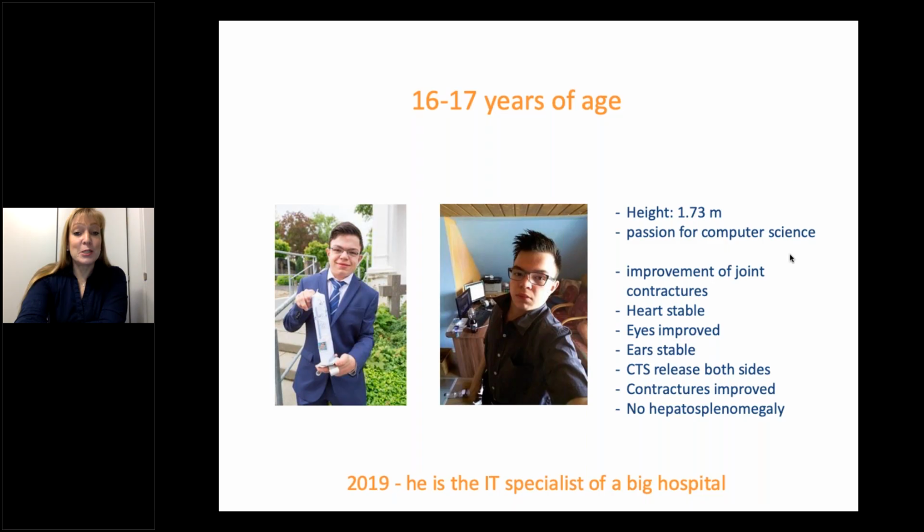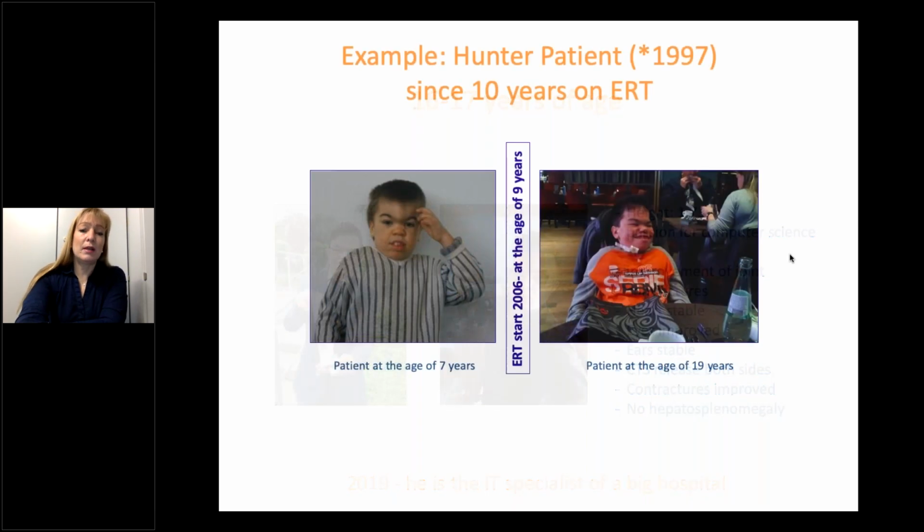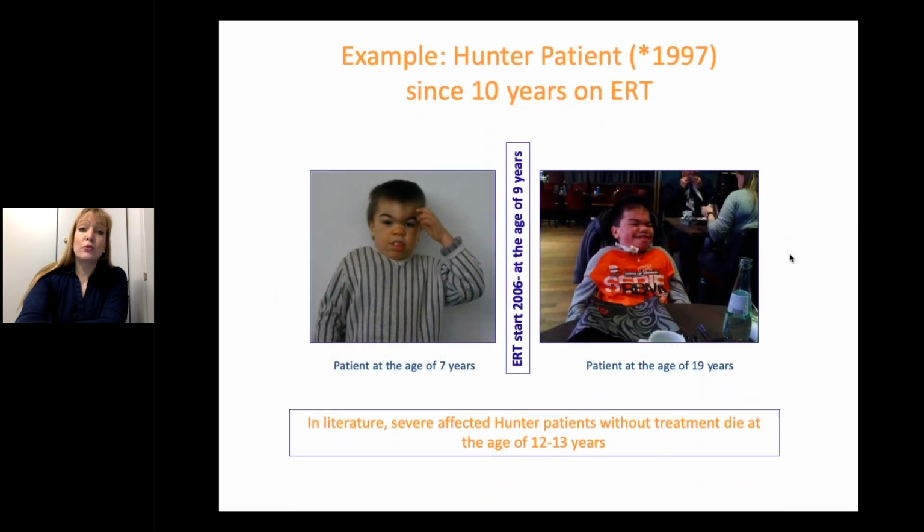He's now an IT specialist in a big hospital. He has an improvement of his joint contractures, his eyes, and also a stabilization of his heart, his ears, and no hepatosplenomegaly anymore. And to show you that also severely affected Hunter patients can have a benefit from treatment, you see here one of my patients at the age of 7 years and then 19 years, so 9 years of ERT.